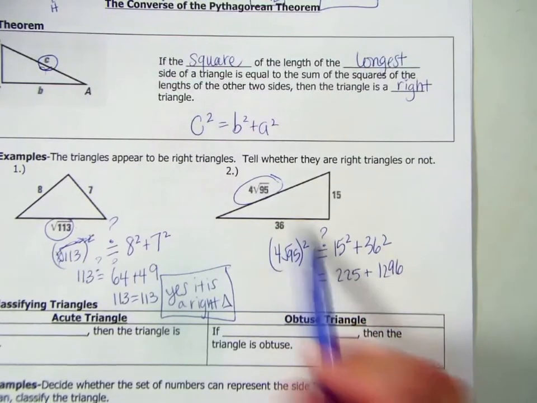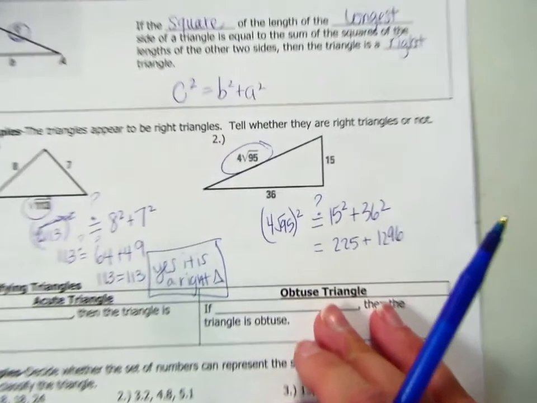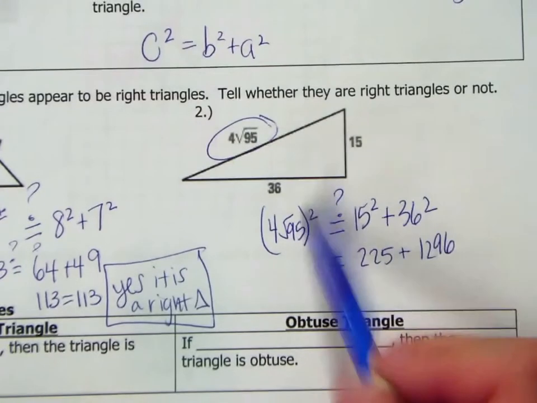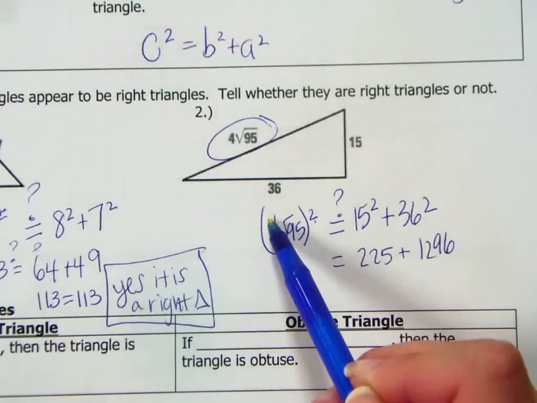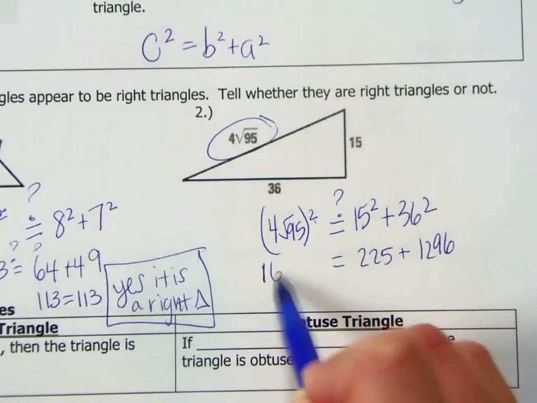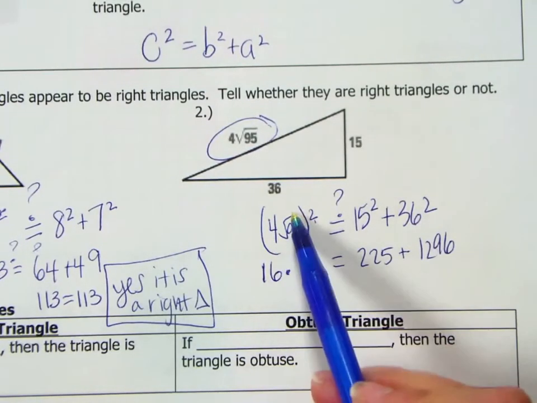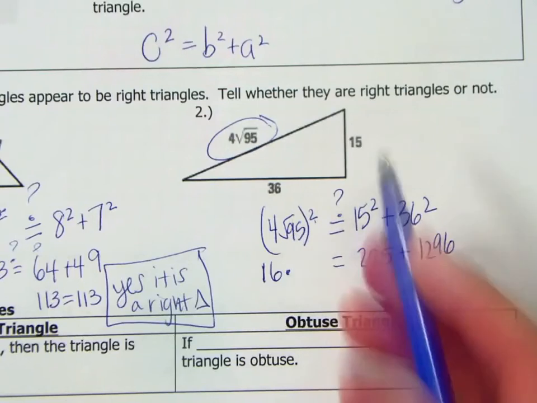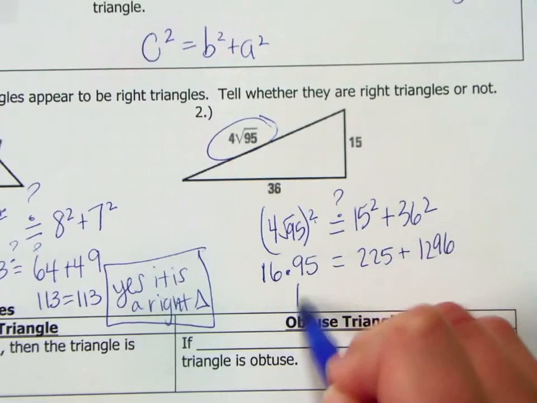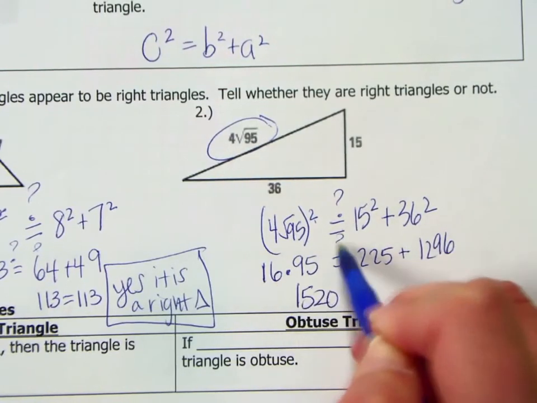But now we have to think about simplifying that 4 radical 95 squared. Here's what you are going to do. You are going to take that exponent, apply it to the 4. So 4 squared is 16. Radical 95 squared is just 95. So 16 times 95 is 1520.